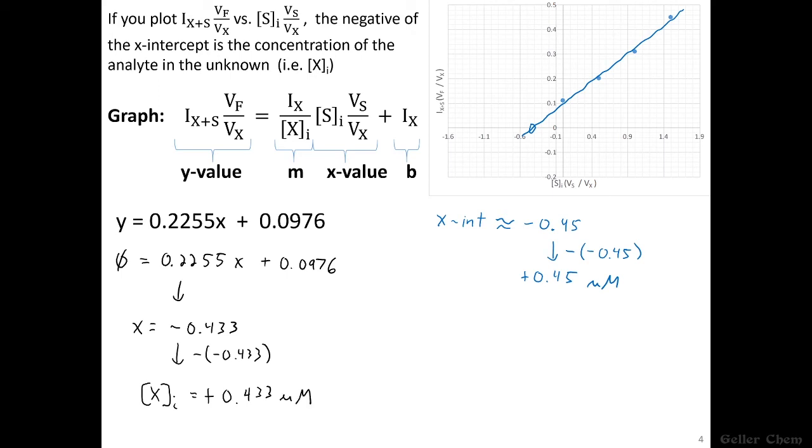So pretty close to the actual eyeball estimate of 0.45 I got earlier.